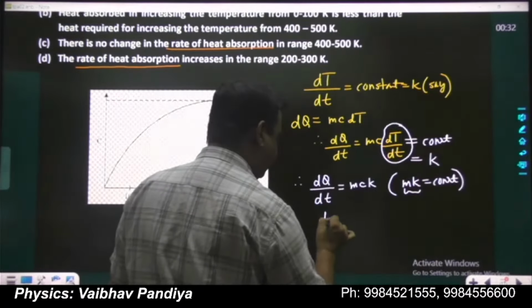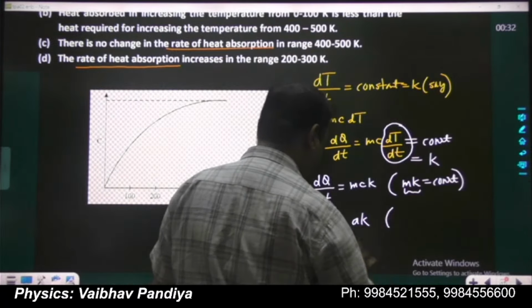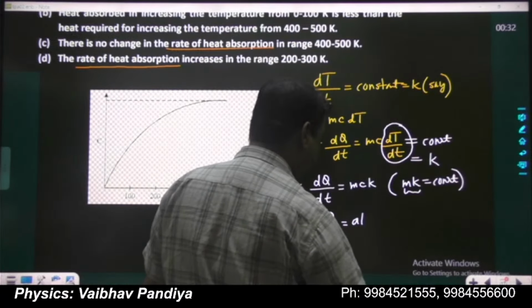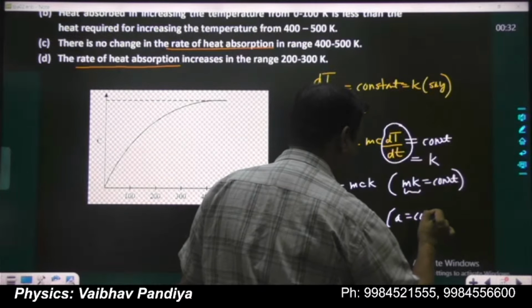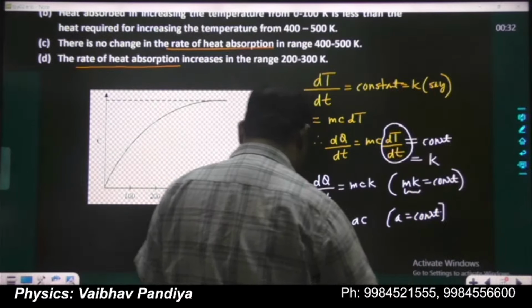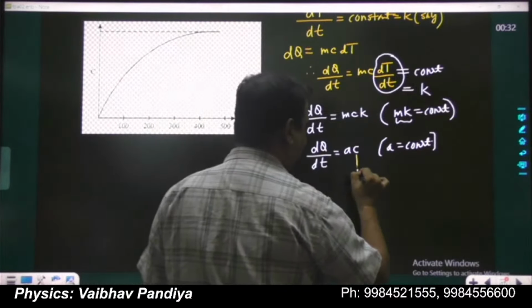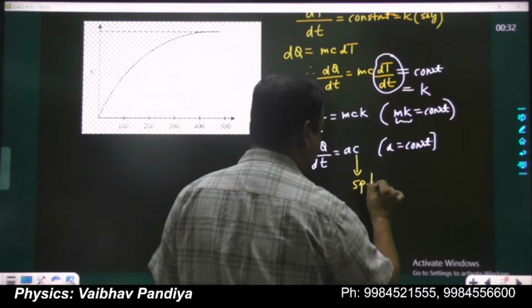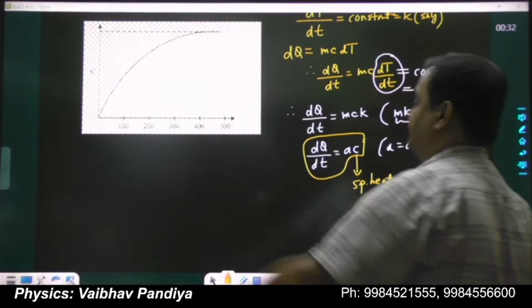So you can write dQ by dt is AC, where A is a constant, correct? And C is what? Specific heat. We cannot take this product as a constant because the specific heat is changing with temperature.